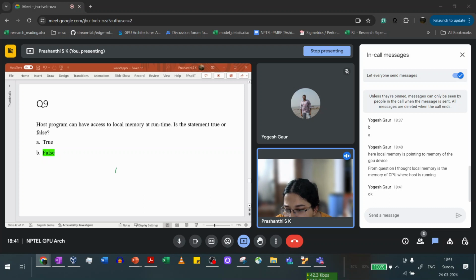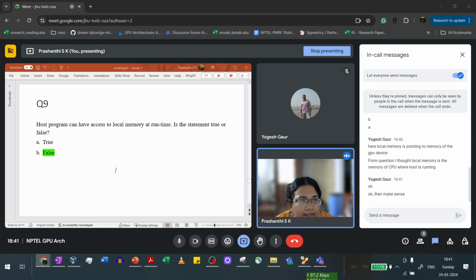Yeah, okay. I see your comment now. It's not memory of the CPU, it is memory of the device that we are talking about. But I'll do that anyway in the next week so that you have a clearer idea of what can be accessed where.